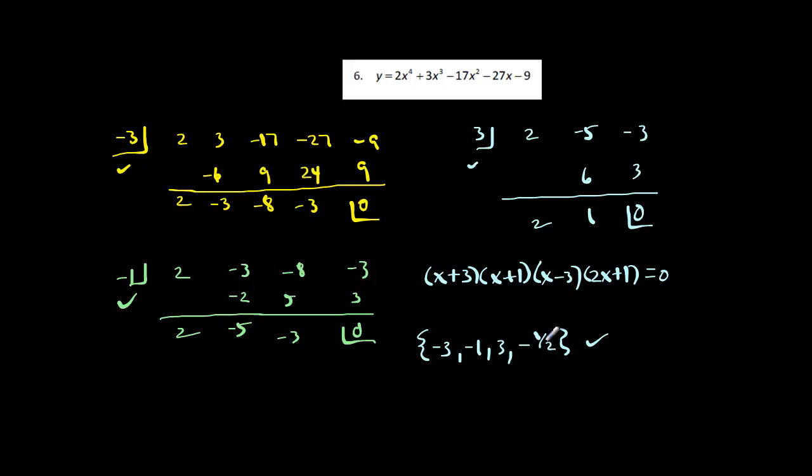So those are your 4 roots. Alright, number 7. Find a 4th degree polynomial with these roots. So we're going to have 2i and -2i in addition to -3 plus i and -3 minus i.